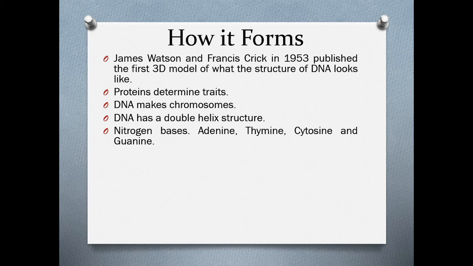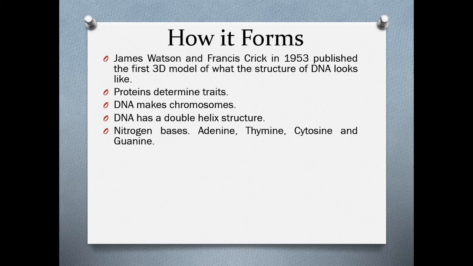And something very important that you have to remember is that right in the center of DNA, in between the double helix structure, you're going to find nitrogen bases. And basically, you are going to find 4: adenine, thymine, cytosine, and guanine. I already gave you a small introduction in class about these nitrogen bases.